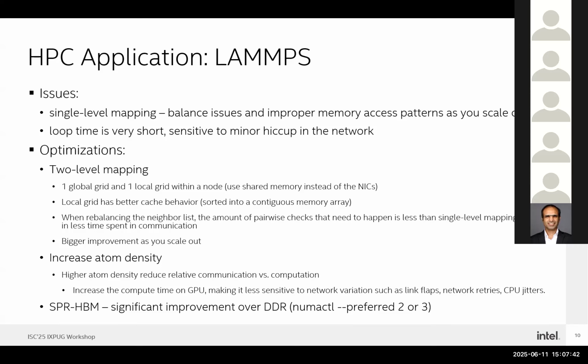The other thing is that the HBM module on Sapphire Rapids actually helps with performance over DDR. That's a little surprising. I thought that LAM would be more cache bound, but there are memory bound portions in the code, and HBM seems to help here.